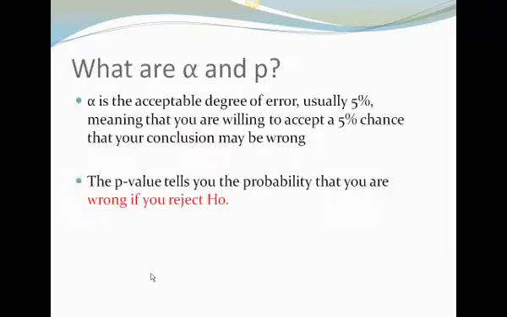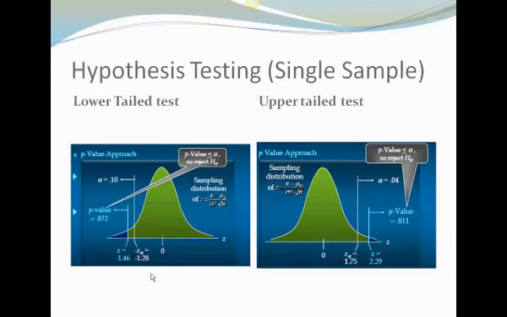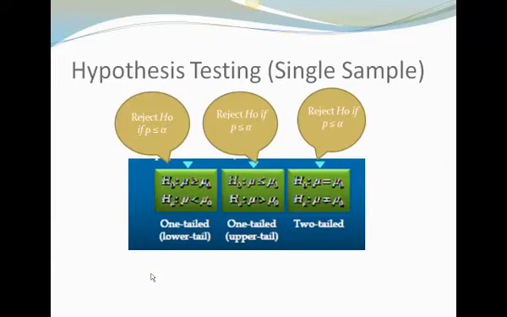Or we can go down here and we see the lower-tailed test. So if p-value is less than alpha, you would reject H0. So you reject H0 in the lower tail. Remember, H0, go back here.